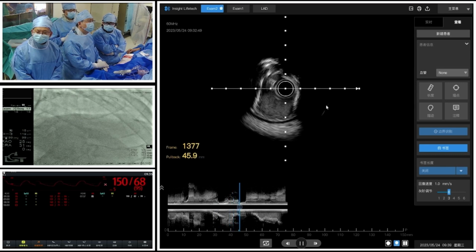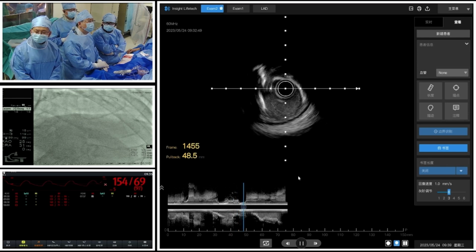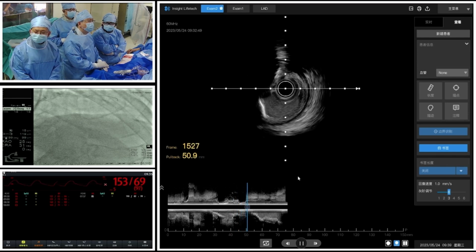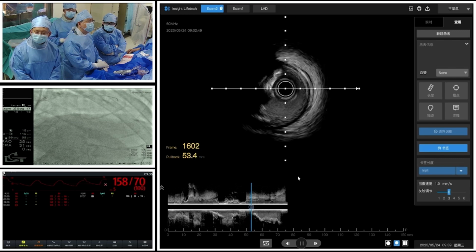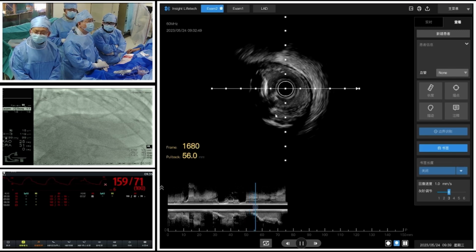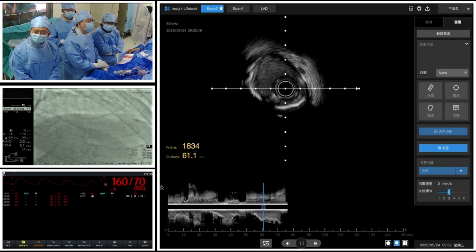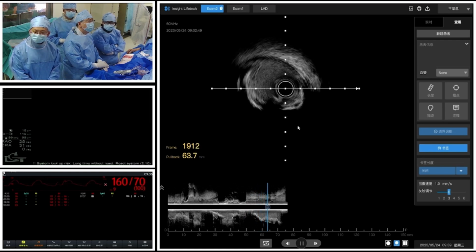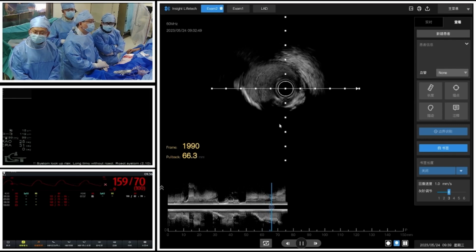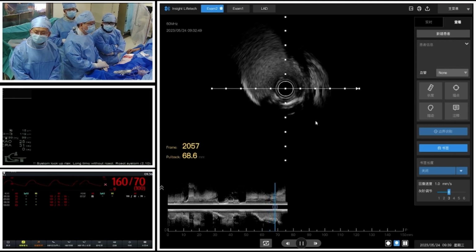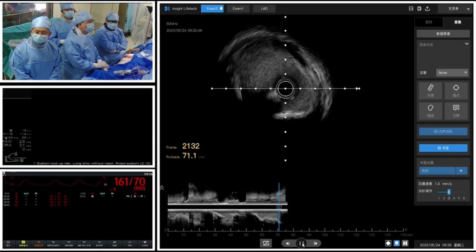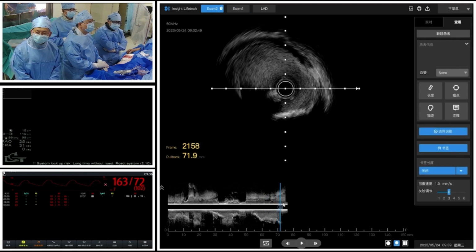And there are several fractures we can see. And in the proximal part, there's also some fracture of the calcification plaque. Okay, now it's the left main. That's all. Okay, thank you.